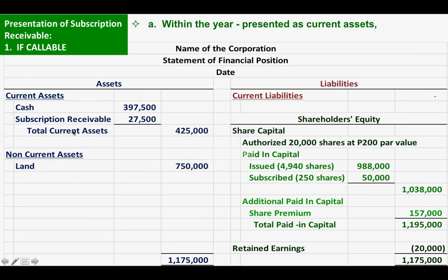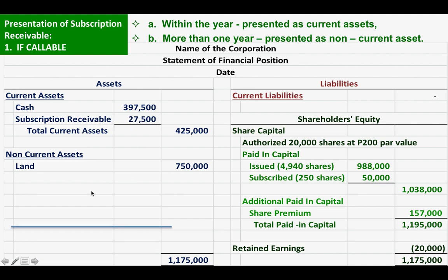So in this case, the subscription receivable of 27,500 is presented by the corporation as current assets. And if it is more than 1 year, it is presented as non-current assets. So it will now be part of the non-current assets as subscription receivable. Okay, class?